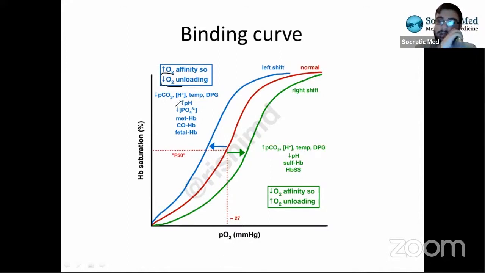Because if the oxygen has very high affinity for your hemoglobin, when it reaches the cells and it's time for it to get off, it won't get off because it'll just stay on. So it might be harder to unload it. If you have too high of an affinity of hemoglobin to oxygen, then you may have problems getting oxygen to your cells. You'll have a lot of oxygen in your blood, but not a lot in your cells, right?